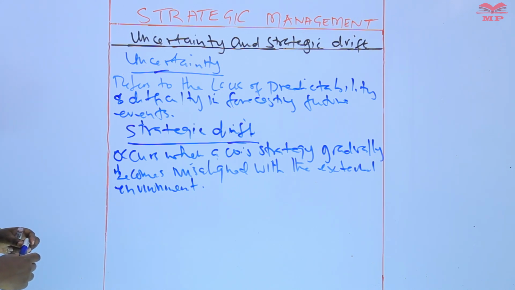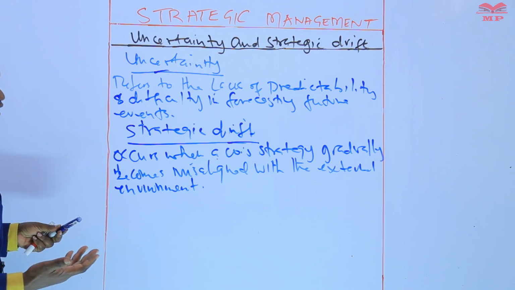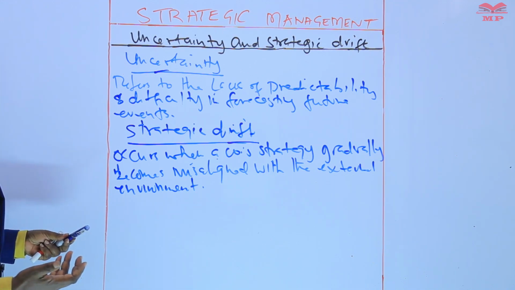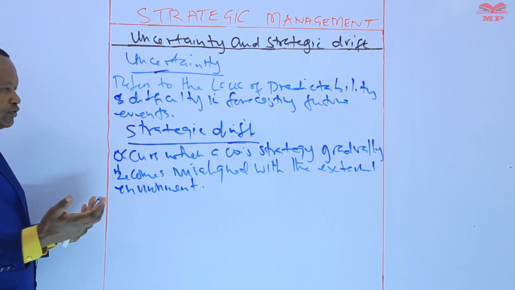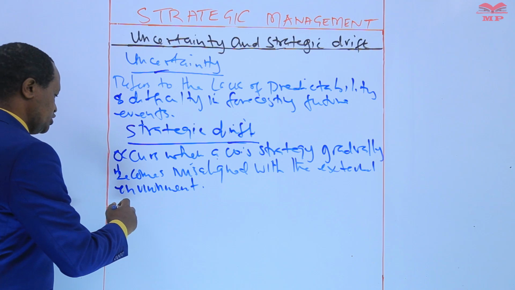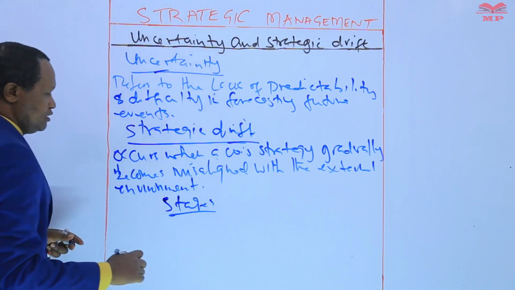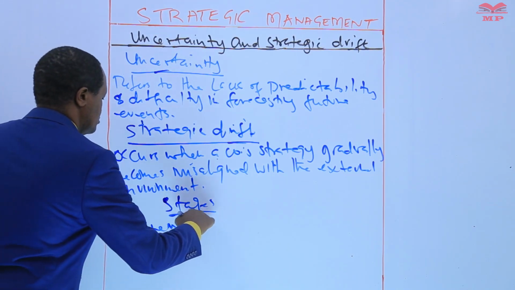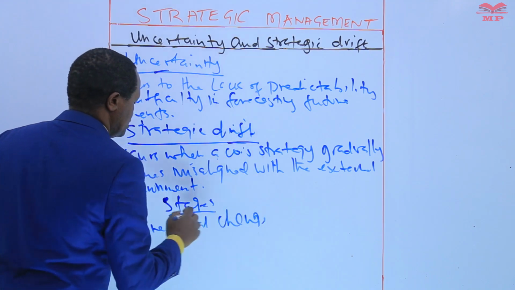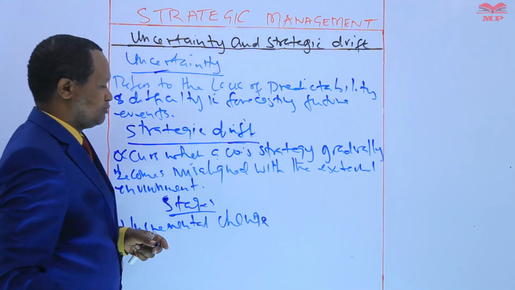Now, I can go ahead and explain briefly the stages of strategic drift, how it actually happens. One is incremental change. Let me explain. One, there is incremental change, and this incremental change is change in the environment.